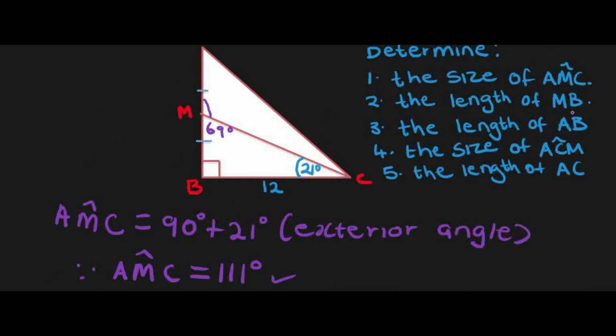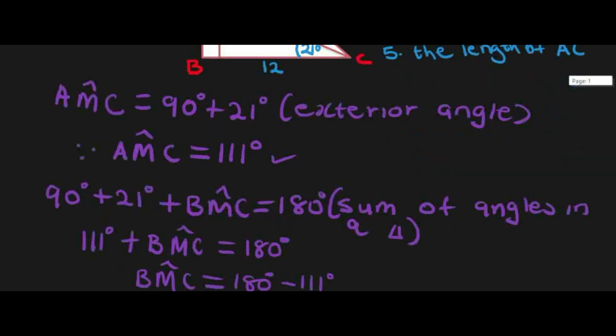Since we are calculating the length of MB, and we are given that BC is 12 units, and we have this angle which is 21 degrees, here we can use a trigonometric ratio, which is tan. We know that tan is opposite over adjacent, which means tan of 21 degrees is going to be MB over 12.